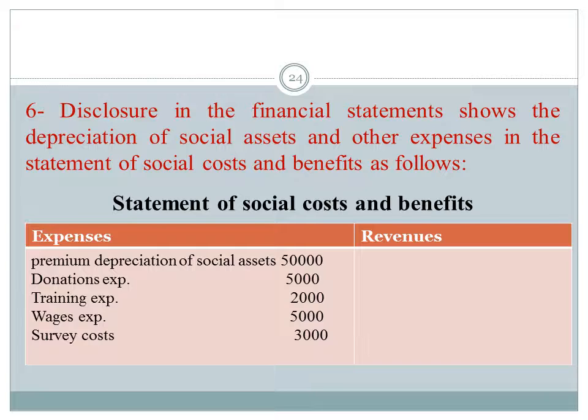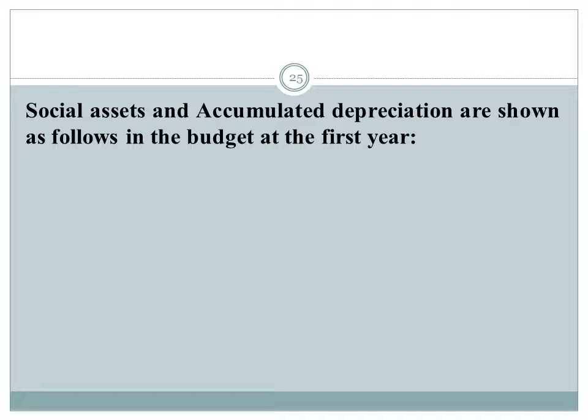All of these expenses will appear in the expenses section under the statement of social costs and benefits. Another statement: social assets and accumulated depreciation are shown in the budget or balance sheet.